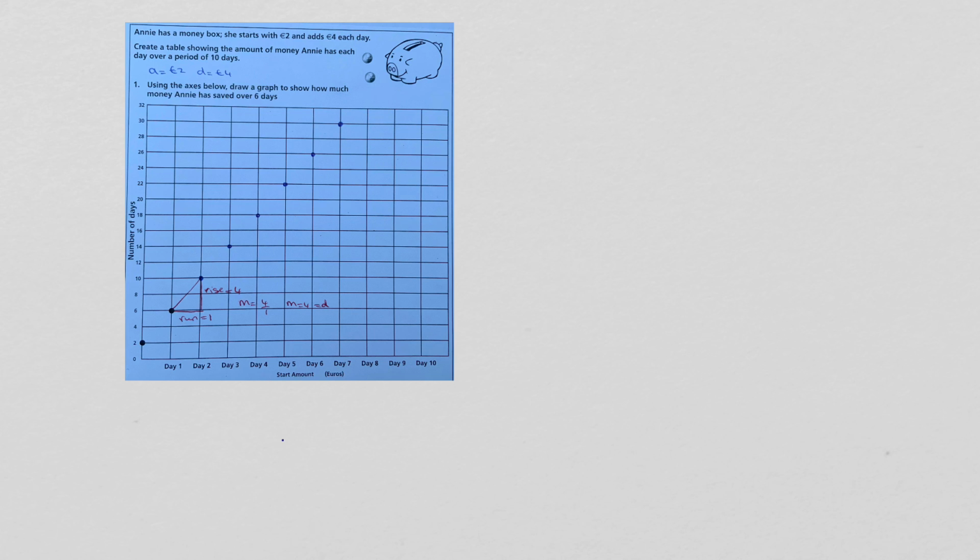Well, the first thing we should notice is that if I actually was to use a ruler and I draw a line through my points, we can see that the shape of the graph is a straight line.